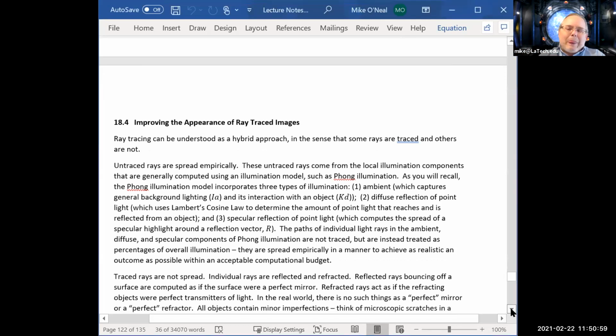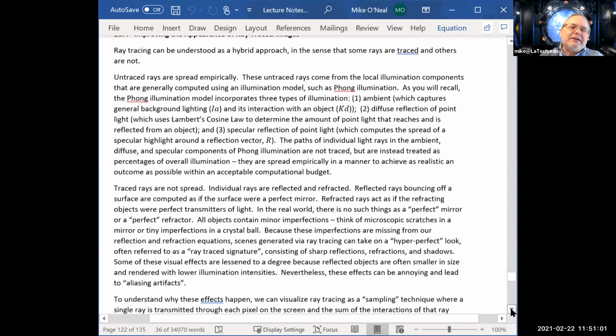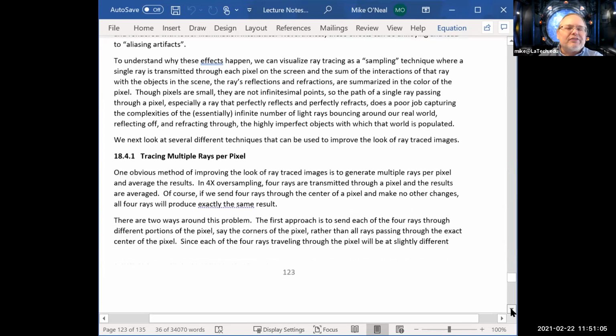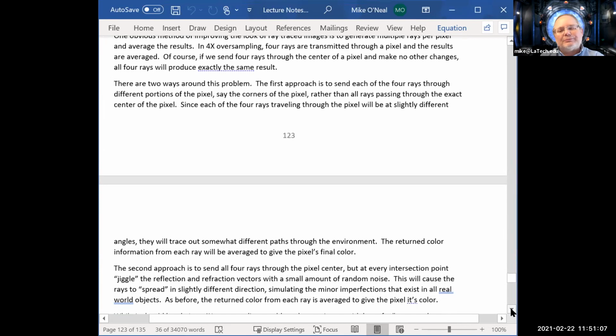What are some ways of improving things that we're not going to do in our programming assignment? Well, one of them is multiple rays per pixel. You might be thinking to yourself, Mike, come on, dude. We just talked about the fact that if I do reflection and refraction and only go 4 levels deep, I could be talking about 15 intersections per pixel per frame.